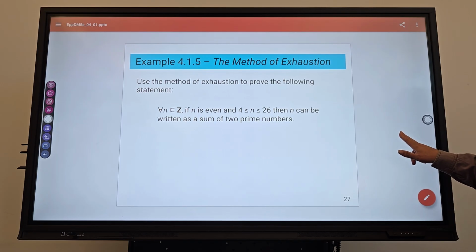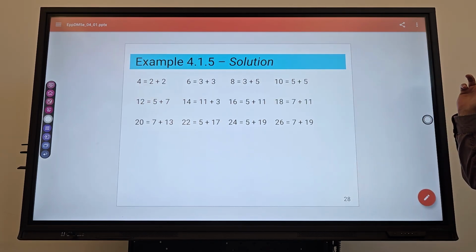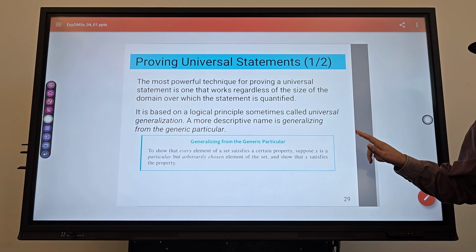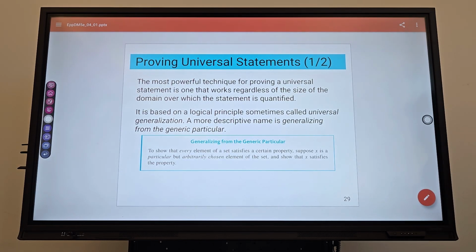Well, go through all the numbers between 4 and 26 and give examples. That is proving by exhaustion. You exhaust all the possibilities.